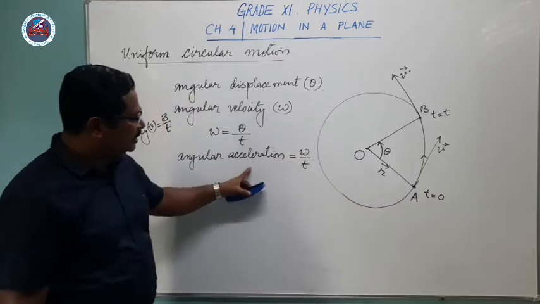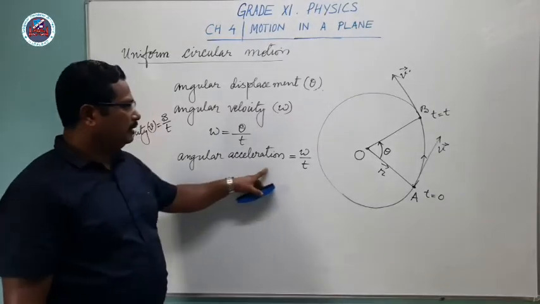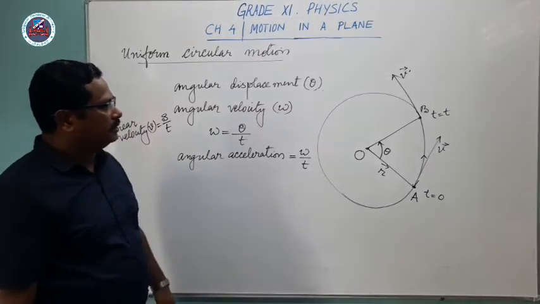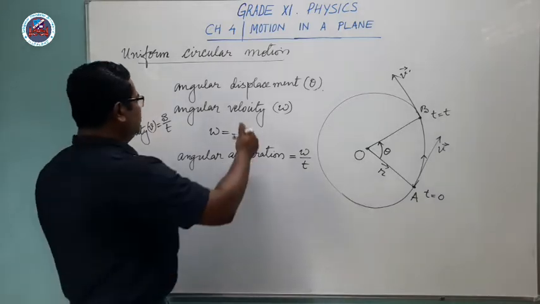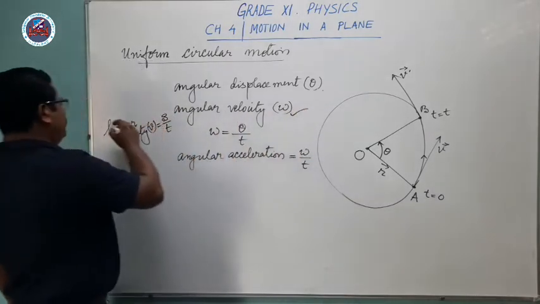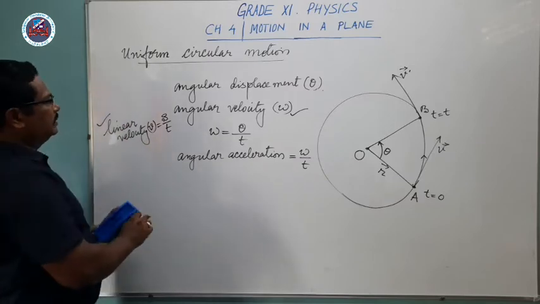Like that, angular velocity with respect to time will give you angular acceleration. So let us see a relation between these two, angular velocity and linear velocity. There exists a relation between them. Let us derive it and see.